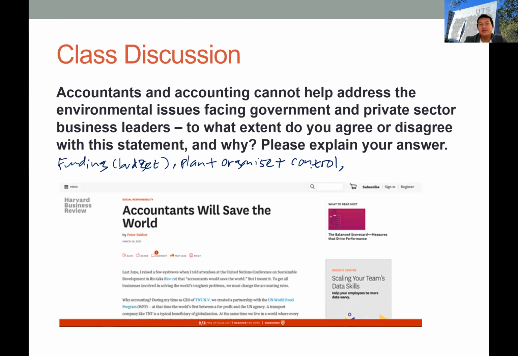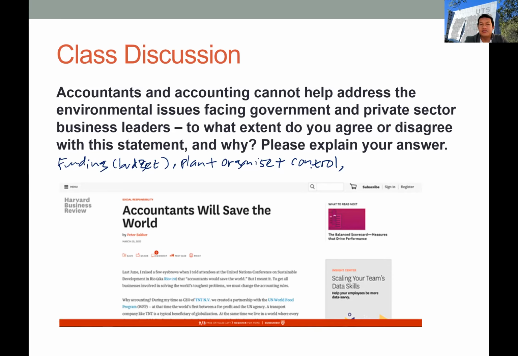And lastly, accountants can help to measure the external costs. Some accounting standards have already adopted some aspects of the external costs. For example, for environmental reporting, accountants now have to calculate the carbon footprint, the carbon emissions. That's one type of external cost.